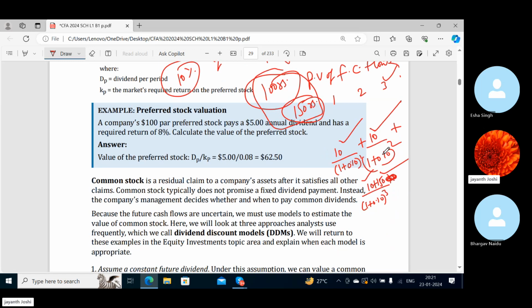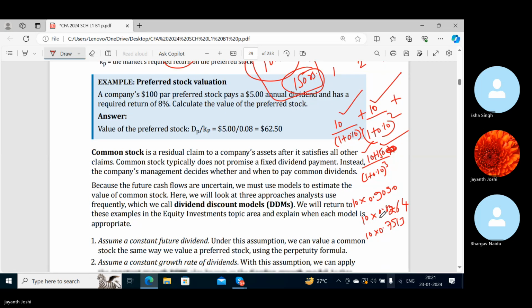Okay, now we can do the calculation. 10 into 0.9090, 10 into 0.8264, and 160 into 0.7513. I'll find out the factors. So the first year is 9.09.